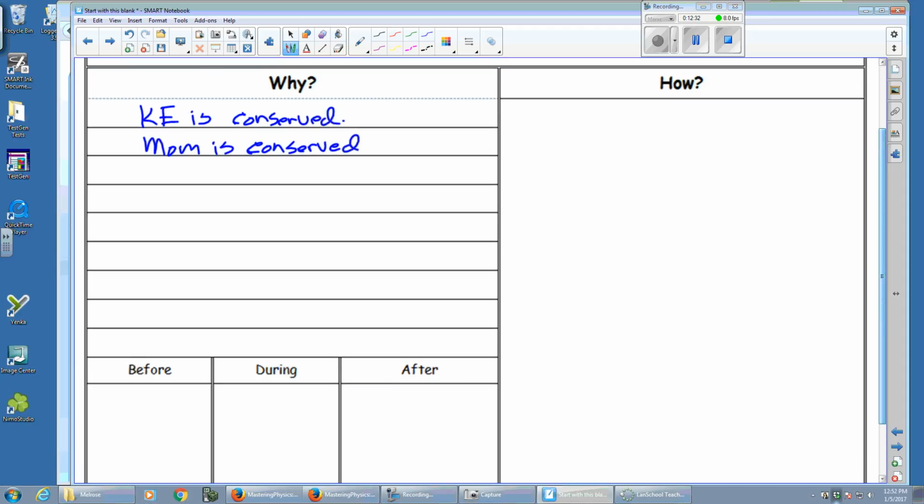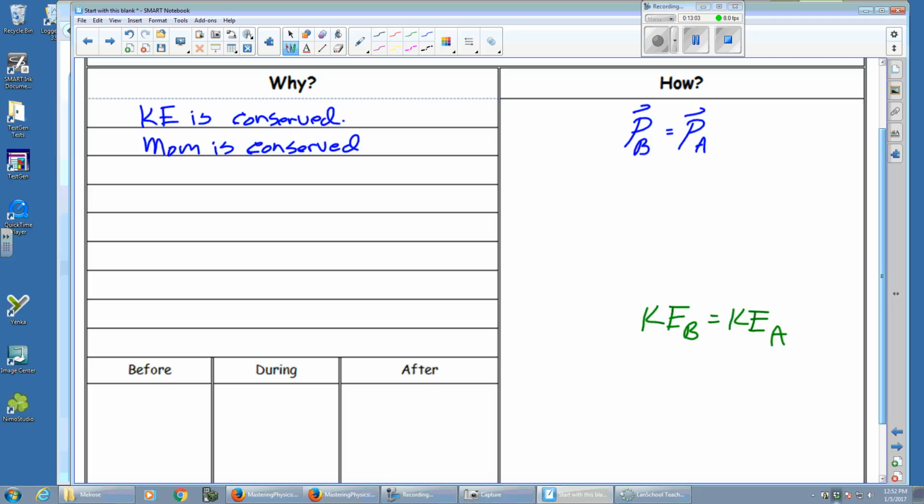So I'm going to start off with momentum before equals momentum after, and then down here I'll get to the kinetic energy before equals kinetic energy after. I'm going to end up with 2 different equations because kinetic energy is a scalar. Magnitude is the only thing it has.